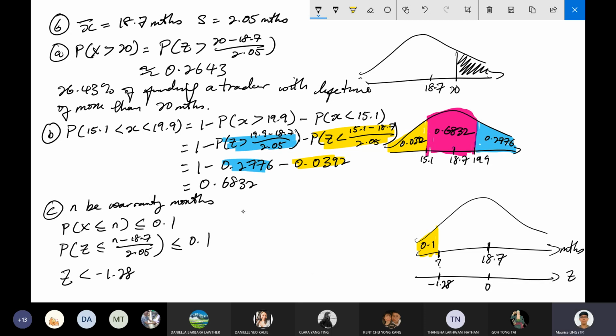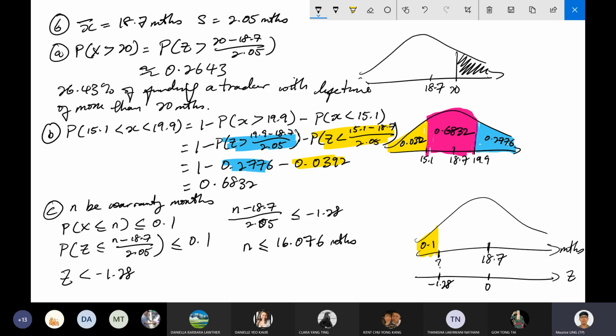Okay, so you put the equation in, you end up with N minus 18.7 divided by 2.05 is less than or equal to minus 1.28. Okay, so N is less than or equal to 16.076 months.